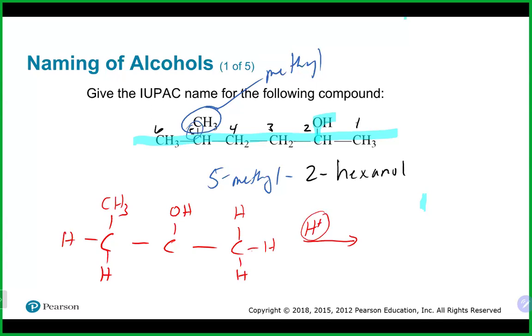And again, that's just an abbreviation for an acid being used as a catalyst. Again, a catalyst is just there to kind of speed up the reaction. It's not really per se a reactant or a product, and some heat, right?